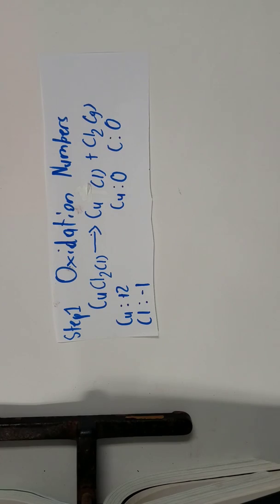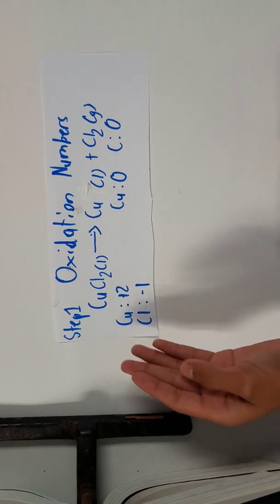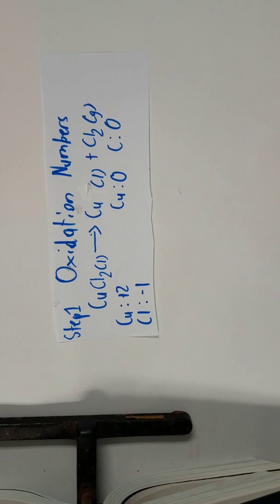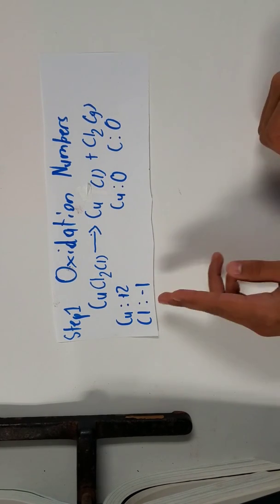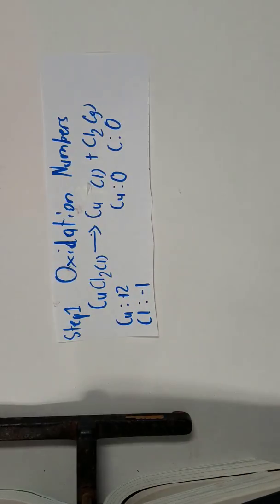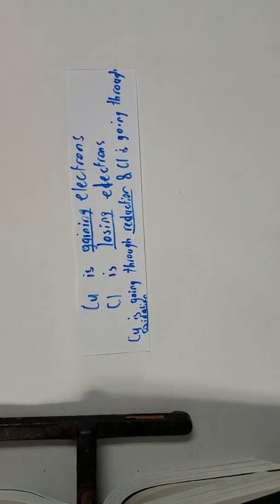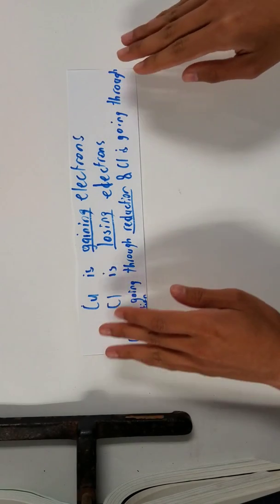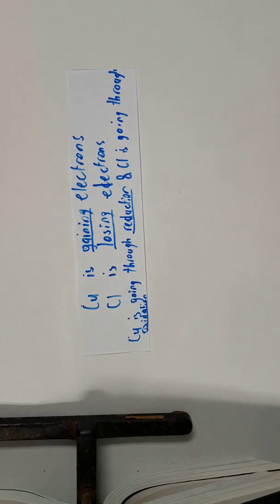The battery is going to force this reaction to happen because copper doesn't want to gain electrons, and chlorine doesn't want to lose them. So as you can see from here, the formal charge of copper turns from +2 to 0, and for chlorine it turns from -1 to 0. We can say that copper is gaining electrons because it's becoming slightly more negative, and chlorine is losing electrons because it's more positive.